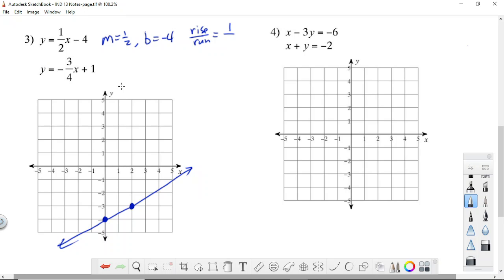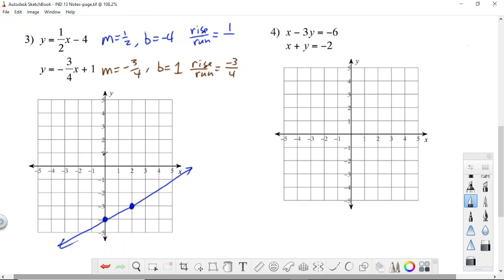So the other one, slope is -3/4. Intercept is 1. Rise over run on this one is -3/4. So let's look at that.